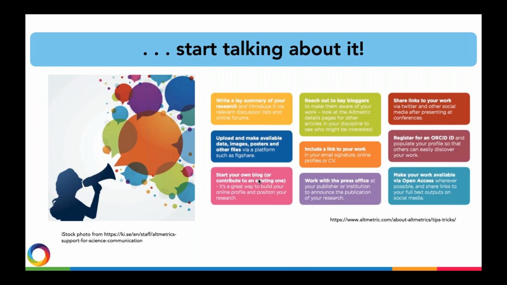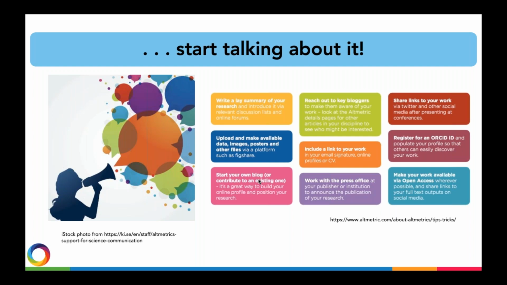Reach out to certain individuals that you may be aware of, like bloggers. Also promote it on your work signature, your CVs, and other institutional profiles. Even just working with the institutional press and communications office. And of course, we definitely recommend putting everything on your ORCID.